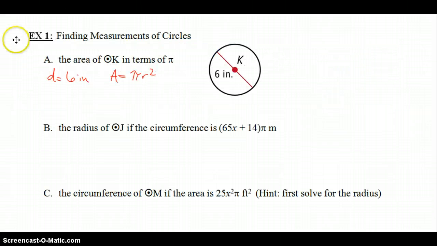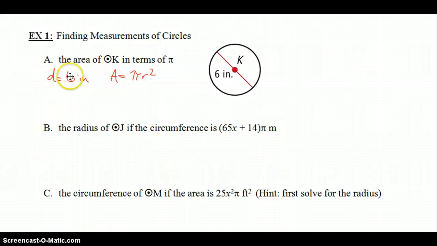Let's take a look at our first examples. In example 1a, they give us the diameter, 6 inches, of circle K. We're to find the area in terms of pi. That means we're not going to put in 3.14 for pi or use the pi button on the calculator. We will leave pi written as part of our answer. So we need to find the area. This is your formula for area, pi r squared. But notice we're given d, the diameter.